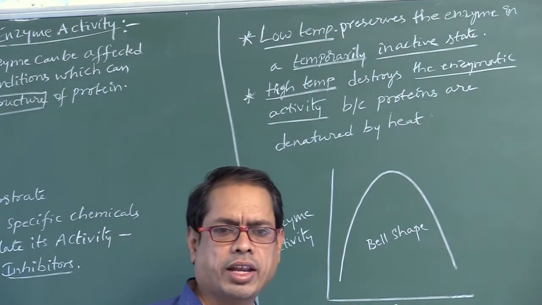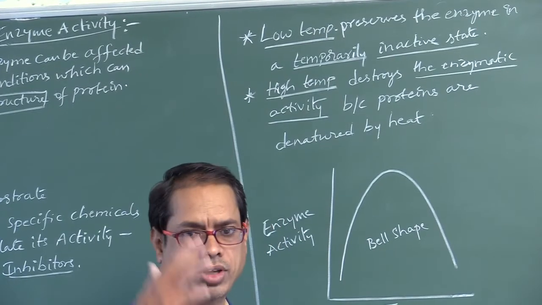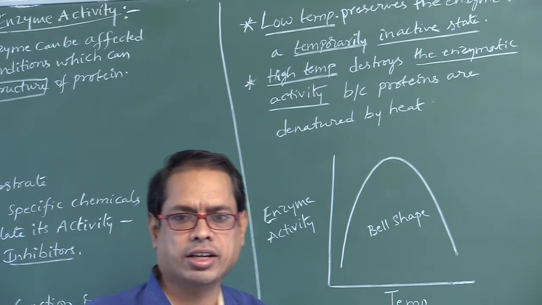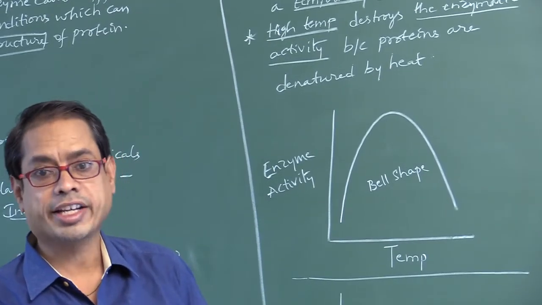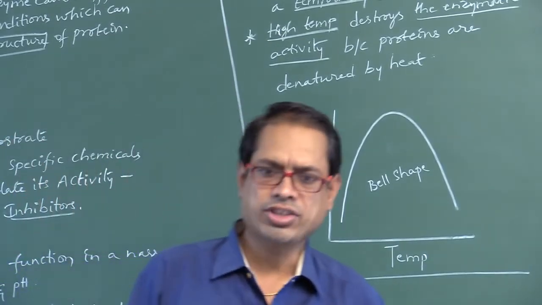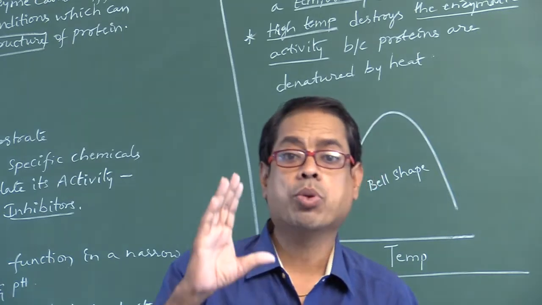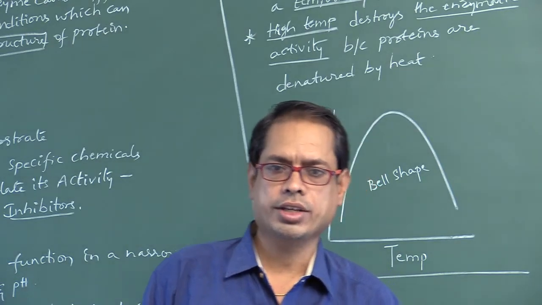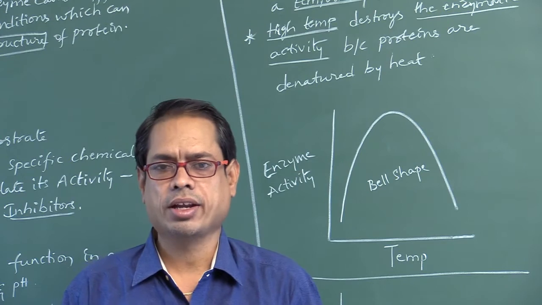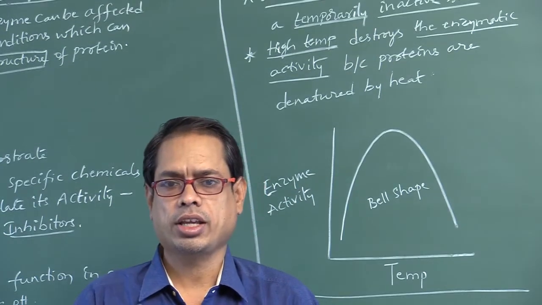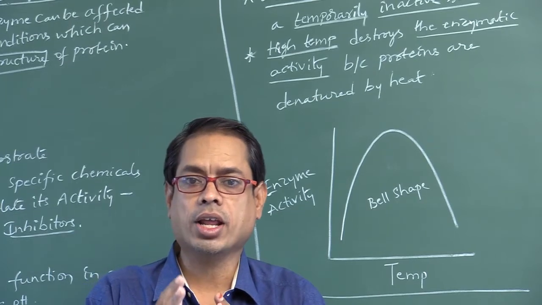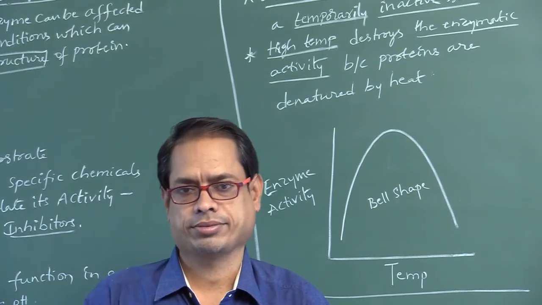Then what happens when enzymes are kept at high temperature? Enzymes get denatured. Why? Because enzymes are chemically made up of proteins. So when enzymes are kept at low temperature, they are in a temporarily inactive state.